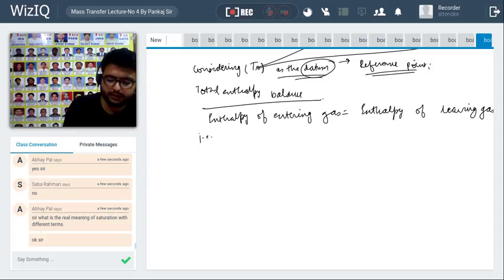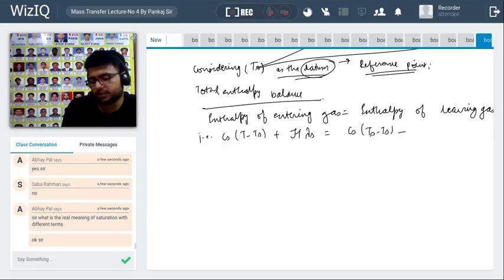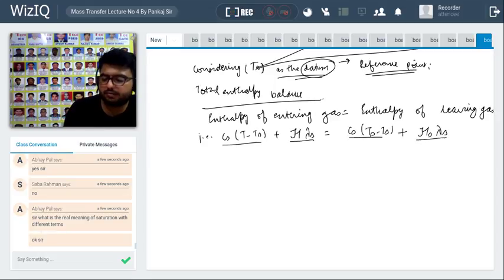Okay, that is Cs into T minus Ts plus H into lambda S is equal to Cs into, for the exit gas temperature, which is equal to the saturation temperature, plus humidity will increase. It will become the saturation humidity. That is, initially it was what? Total enthalpy, which is equal to the sensible heat plus latent heat. Okay, then finally also the sensible heat plus latent heat. But since the temperature is equal to the datum temperature, it will become equal to 0.